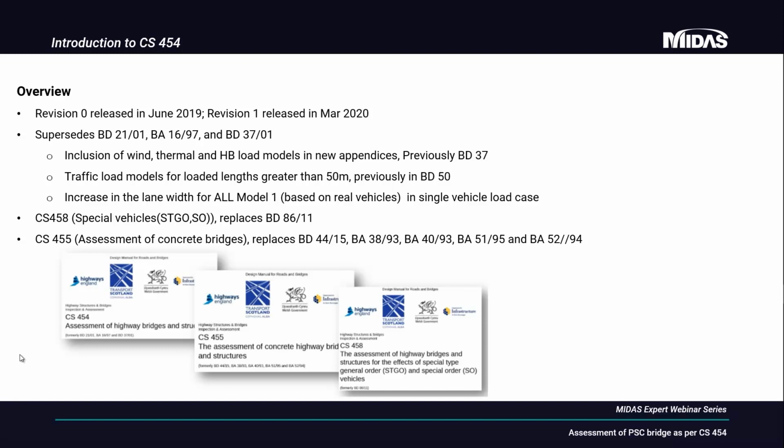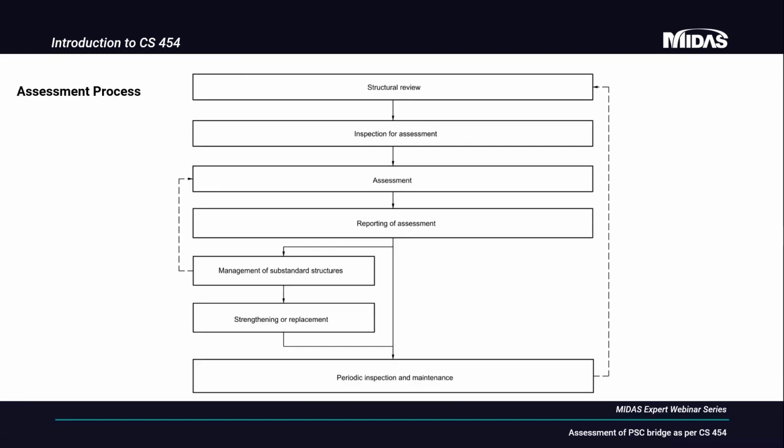Now the assessment process is shown in the chart on the screen. In a practical project, one will start with the structural review, then inspection for assessment, then perform the real assessment, and then work on reporting of assessment.